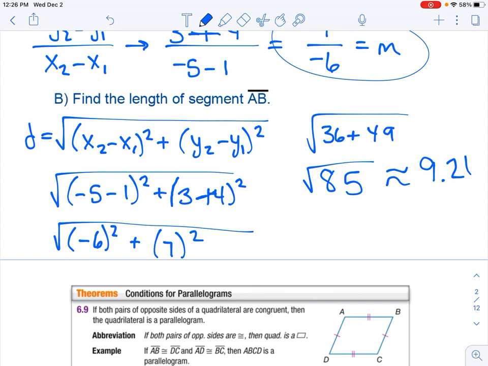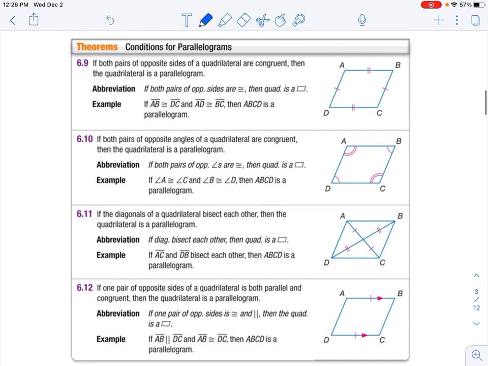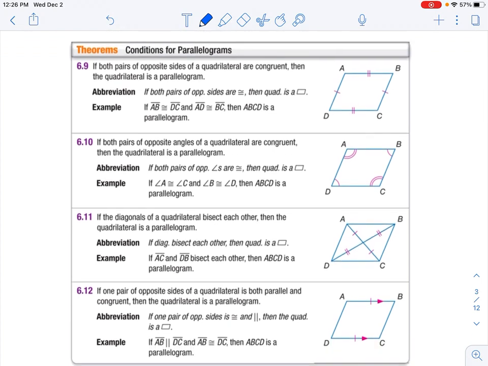Let me check that real quick. Yes, 9.21. The 9 after that makes it round up to 9.22. All right, so if we look down here, that's review. We'll get to what that means in just a little bit.